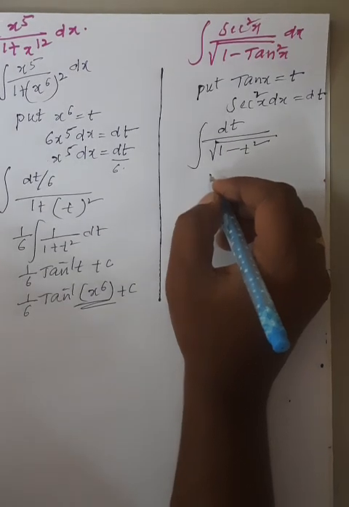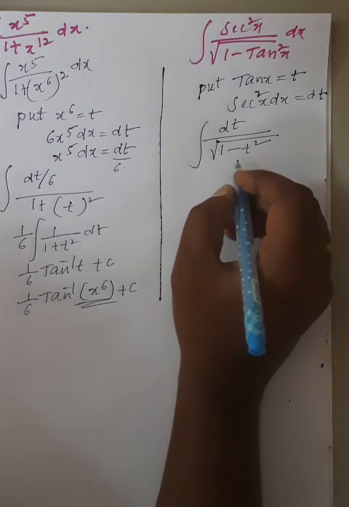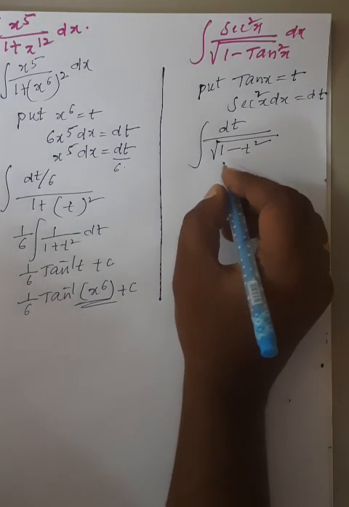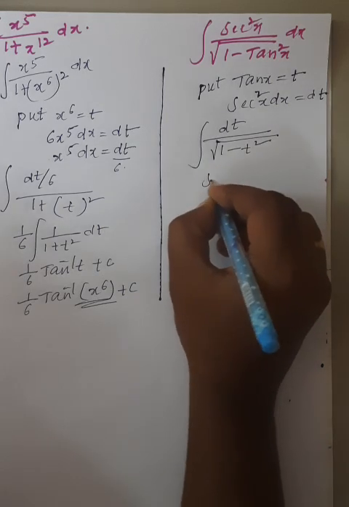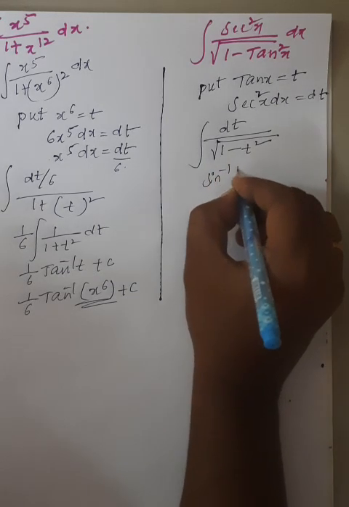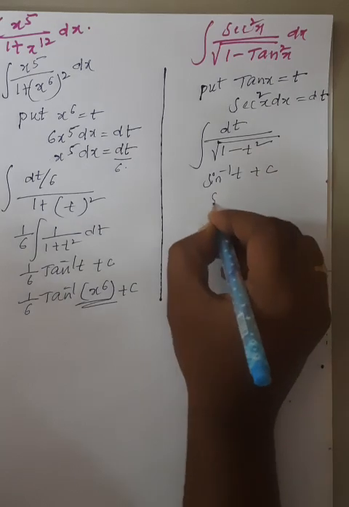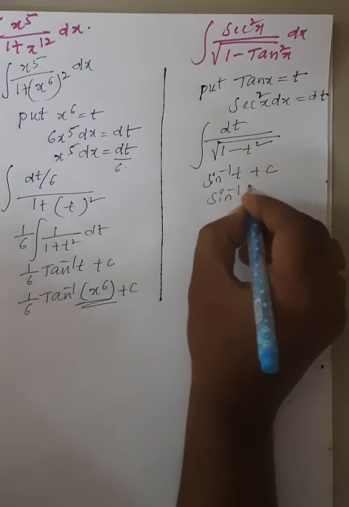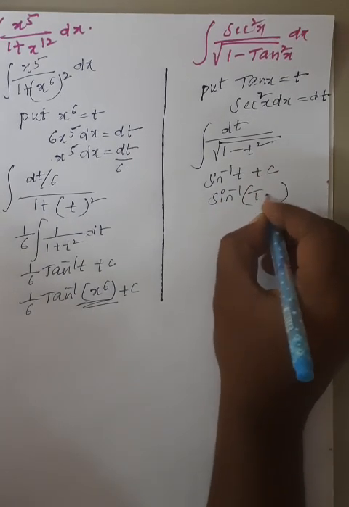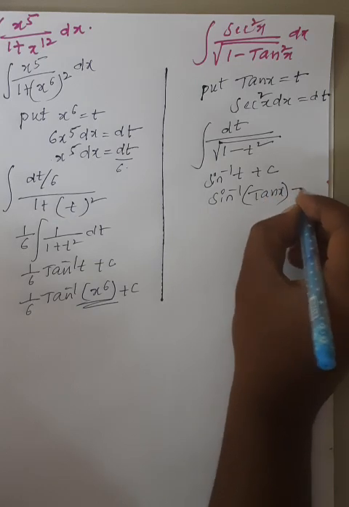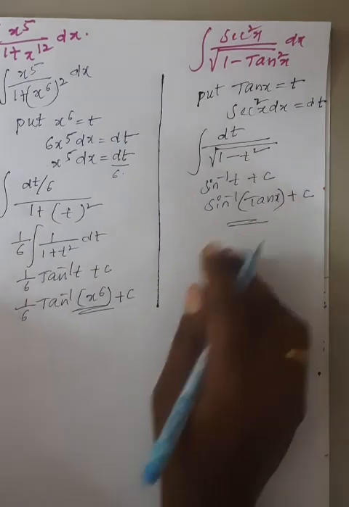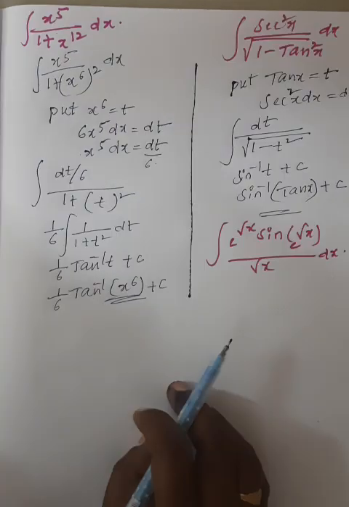Now the given question is of the form 1 by under root of 1 minus x square, which we know as sine inverse x. So sine inverse t plus c. So sine inverse t is replaced with tan x plus c, which is our final solution to the given question.